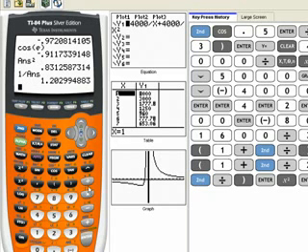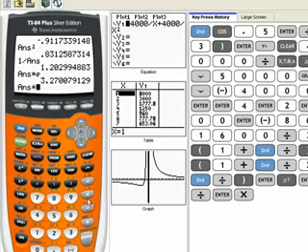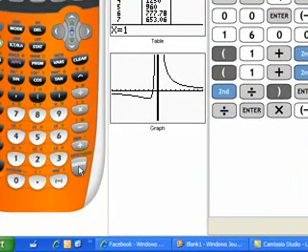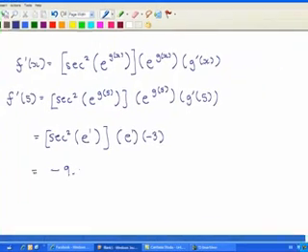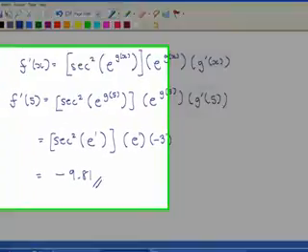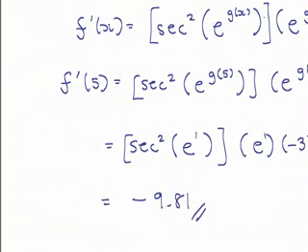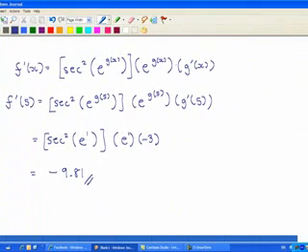Then I have to multiply the number by e, and then multiply the number by minus 3. So the answer will be minus 9.81. Do be careful. Why I purposely put in the square bracket just now is because if I didn't put it in by the writing, some students may mistakenly multiply by the 3 in the round bracket first, then take the secant square, which will lead to the wrong answer.